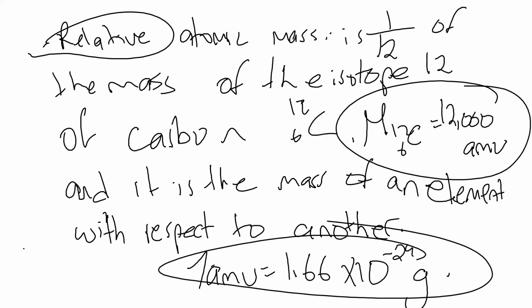Twelve thousand AMU is the mass unit of carbon 12. If you try to calculate, in physics, not in chemistry, the mass of this isotope, you will find this exact number, 12,000 AMU.